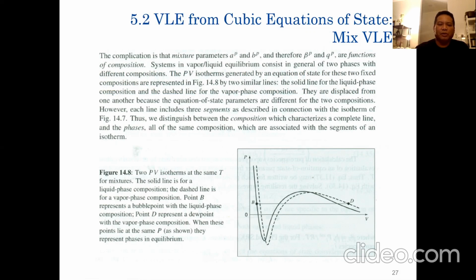If we plot the graph of the change from liquid to vapor, we will get this equation here, where the solid line is from the liquid phase, and the dashed line is for the vapor phase. The saturated liquid is at B here, and the saturated vapor is at D here.